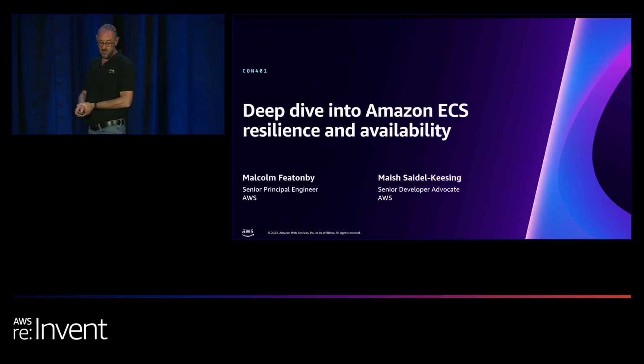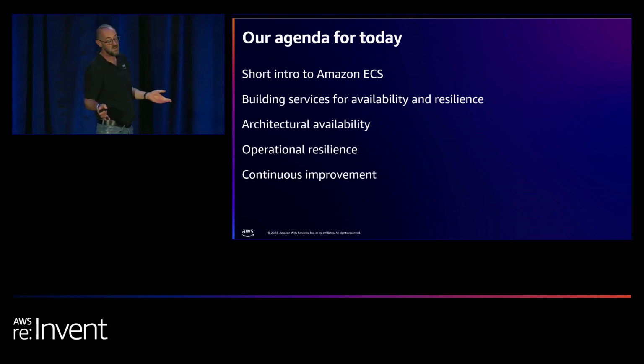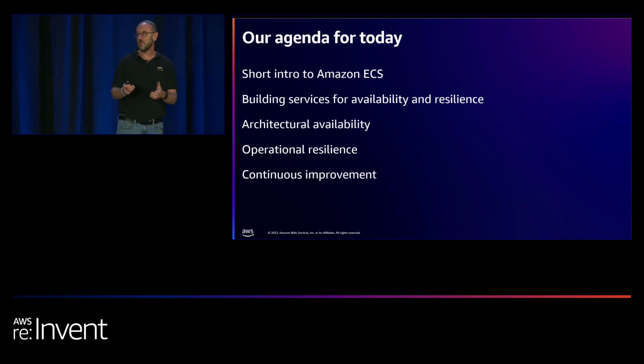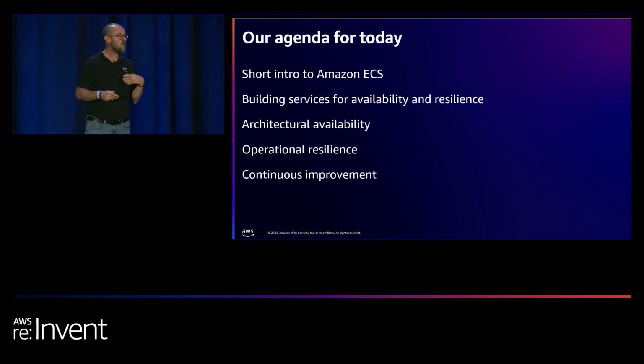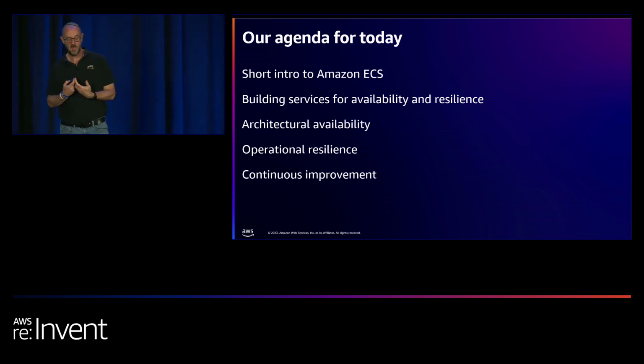So let's go over our agenda for today. There are probably, hopefully, not very many of you who don't know what Amazon ECS is. So we're going to have a very small introduction, one slide of what Amazon ECS is, and a few things about our service. Afterwards, I'm going to hand it over to Malcolm about how we build our services for availability and resilience, what that actually means to us as an Amazon service team.